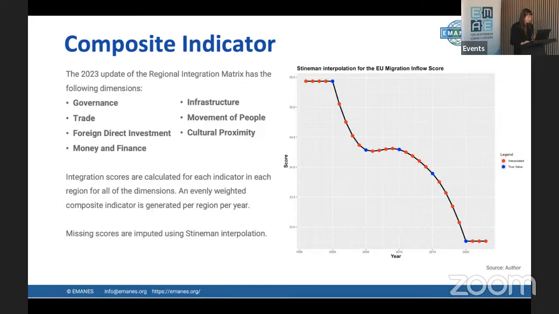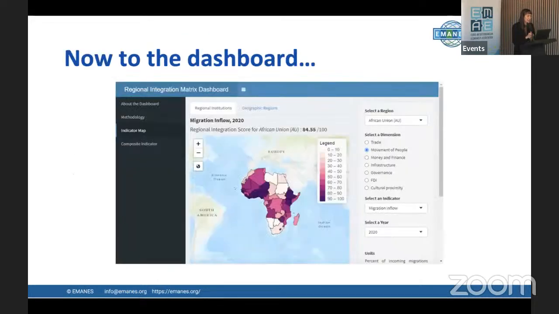Okay, so I apologize for speaking very fast. I'm just going to show you the dashboard that I actually built.